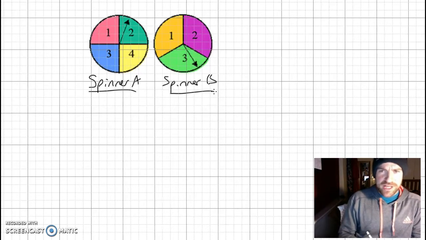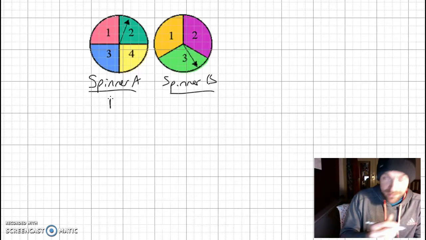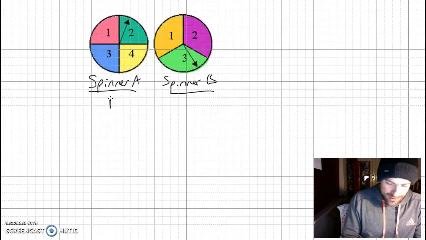So let's start with spinner A, and let's say on spinner A we get a 1, and then on spinner B we could also get a 1.